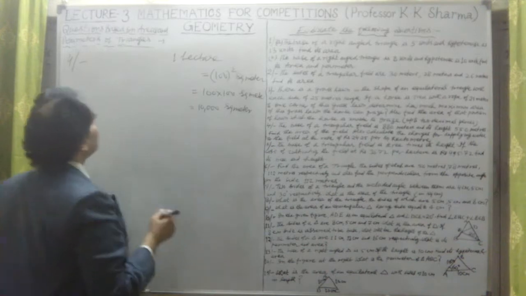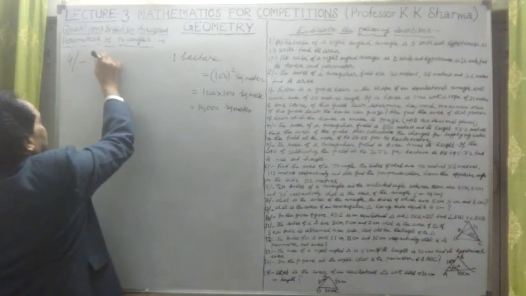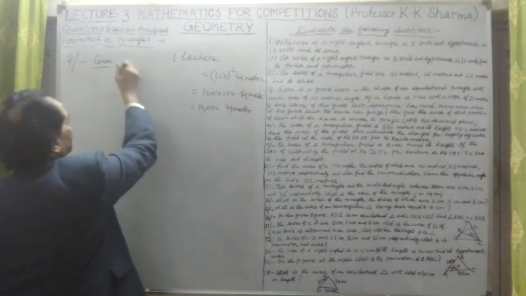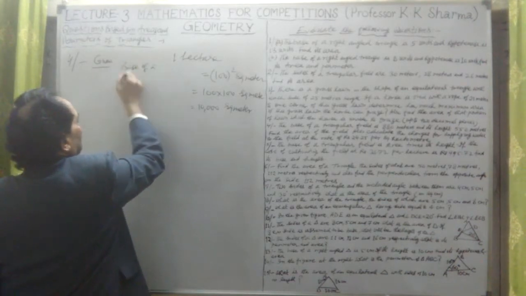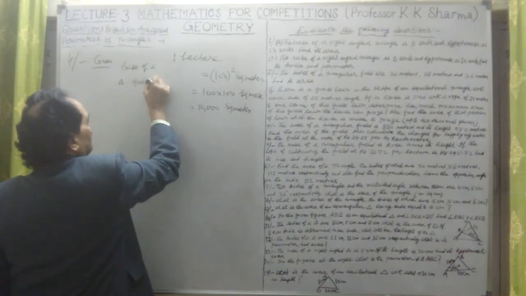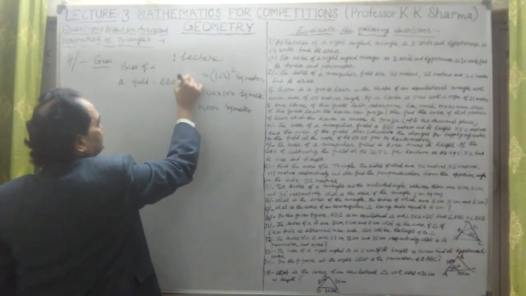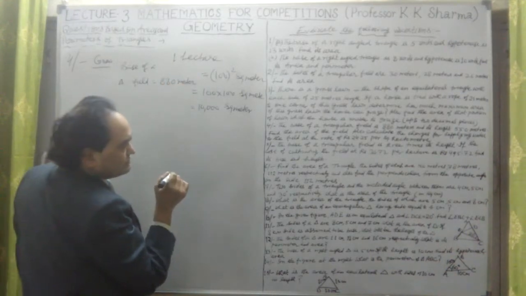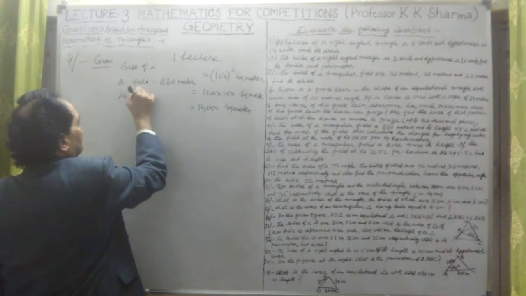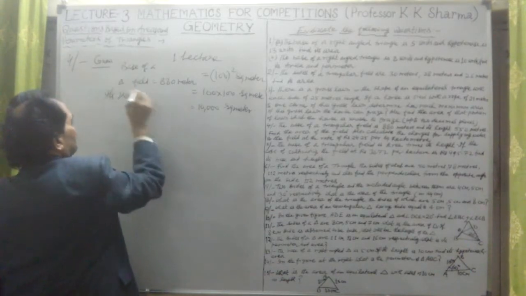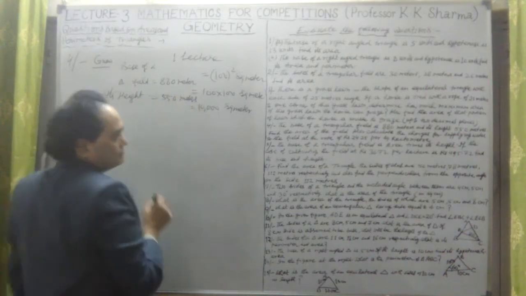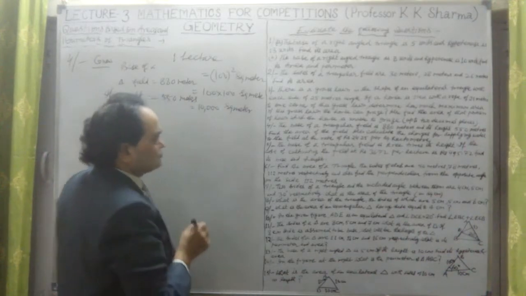Now let us take question number 4. What is given to us? The base of a triangular field is 880 meter, and its height is 550 meters.